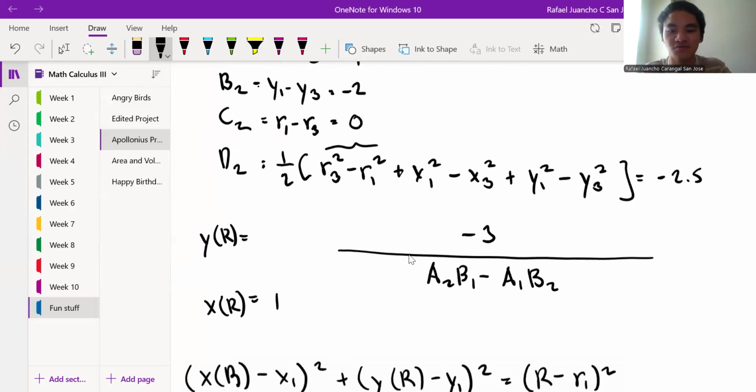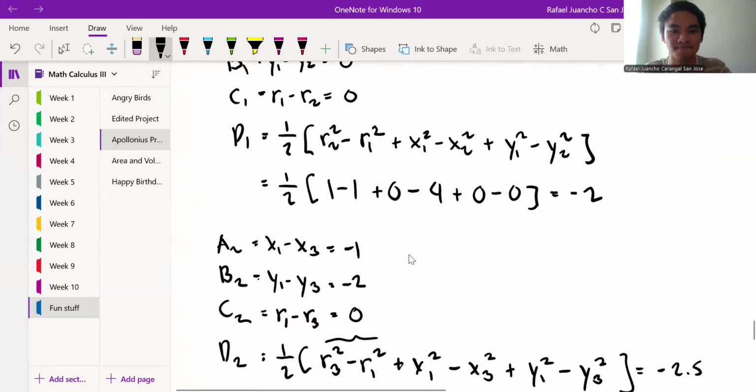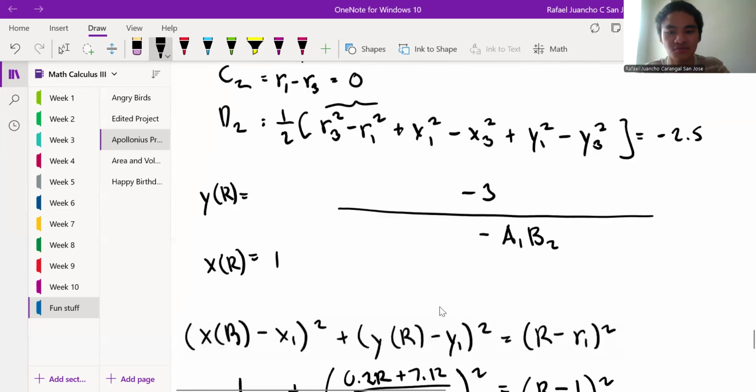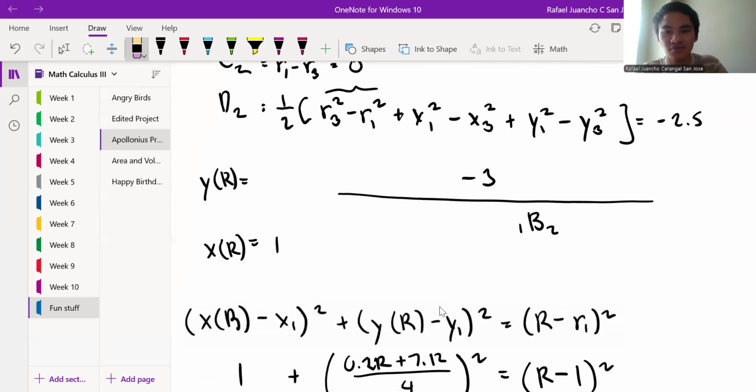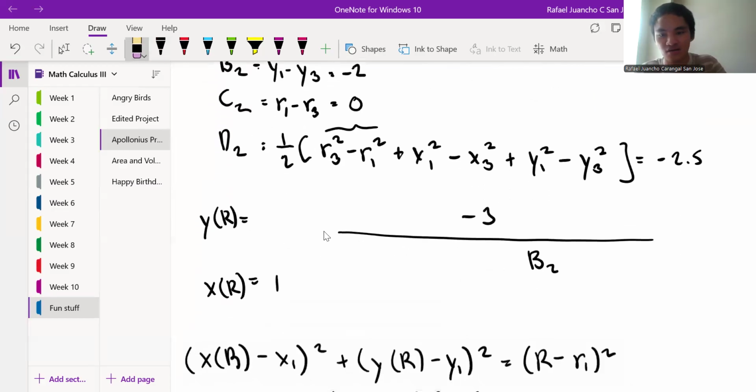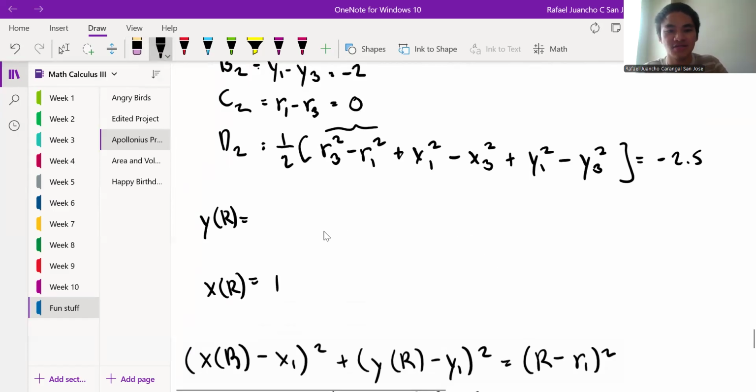And then A2B1, that's just 0, so I get nothing here. And then negative A1, so that's plus 2, B2, so 2 times B2, that's negative 4. And so I actually get 3/4, right? I get 3/4 here.